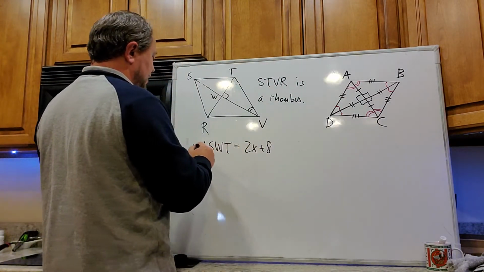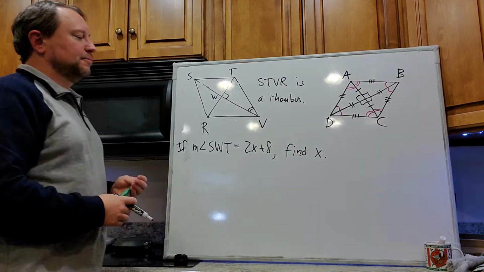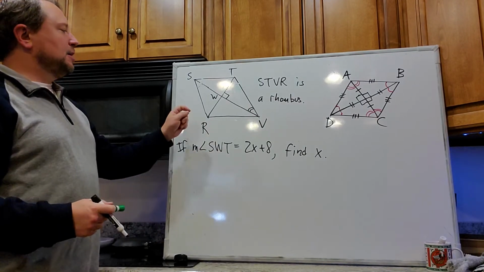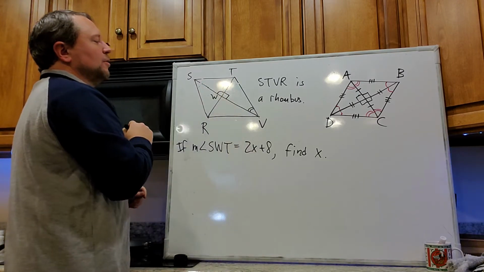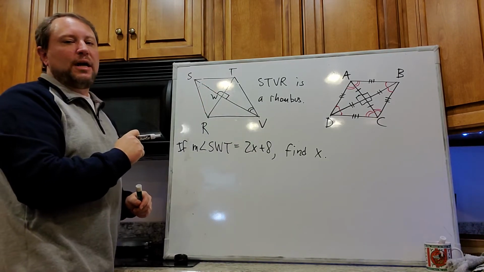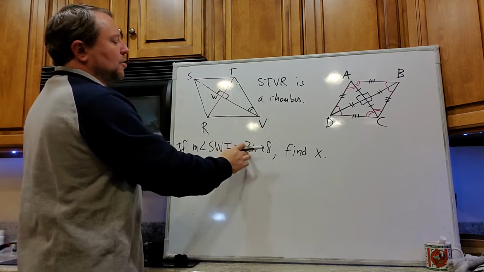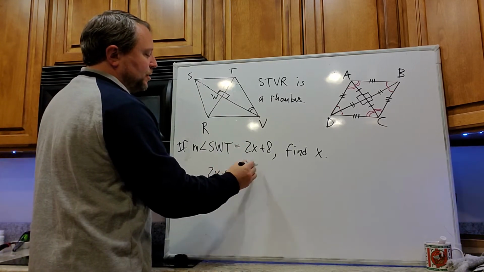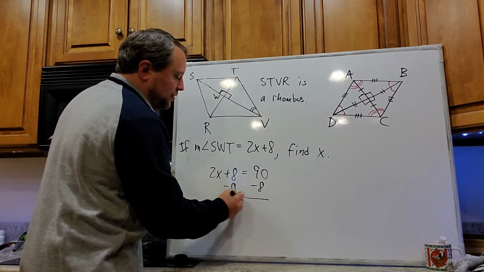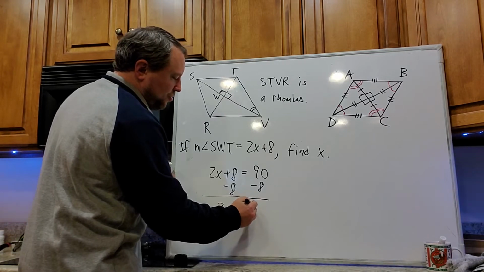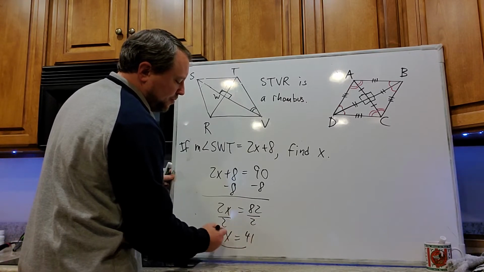And I said, all right, if that's true, find x. Well, SWT is that angle right there, which, as you can see from the marking I left from our last problem, has to be a right angle. So all we have to do on this one is simply say that 2x plus 8 equals 90, equals a right angle. So I'm going to subtract 8, divide by the 2, and we find that x is 41.